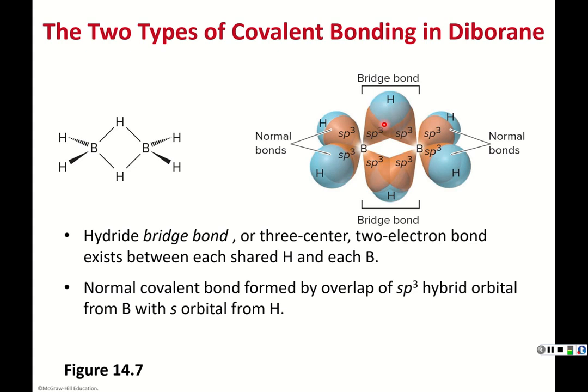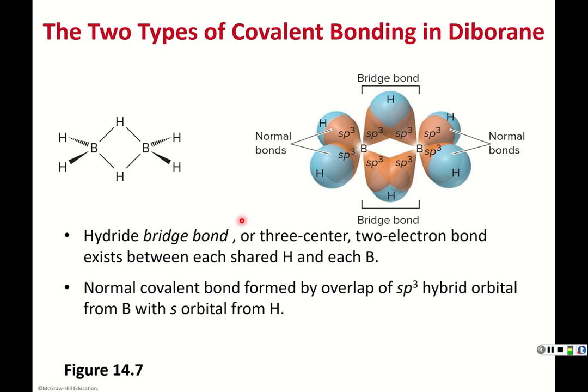And if you look at the overlap picture of the hybrid orbitals here, it's 2 sp3 hybrid orbitals, one from each boron, overlapping together with that s atomic orbital from hydrogen. So you have this sort of triple overlap where now 2 electrons can be shared between those.